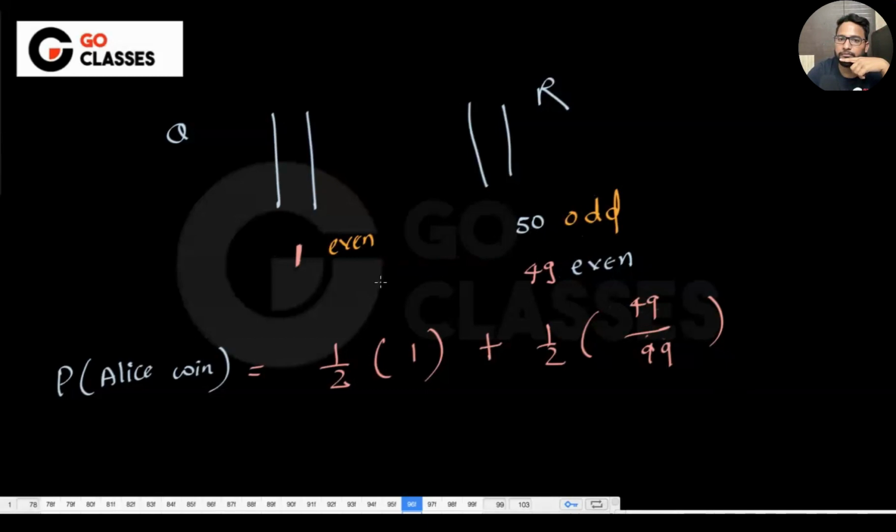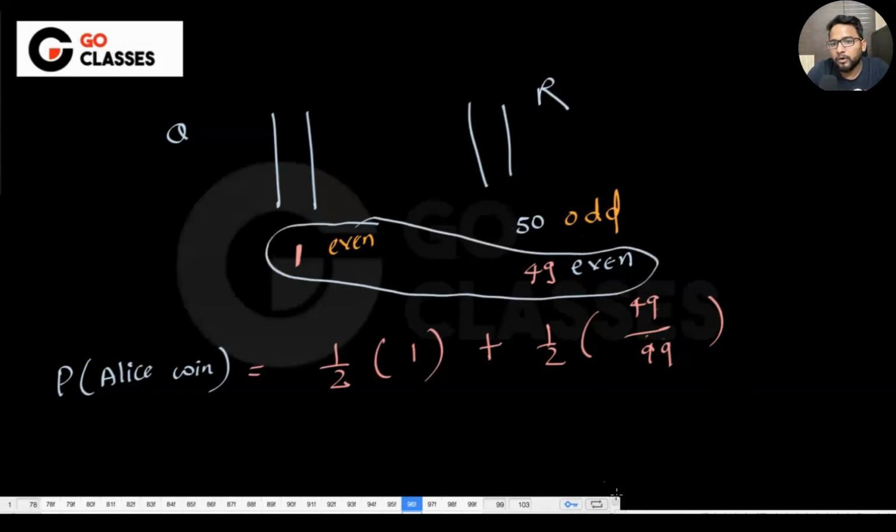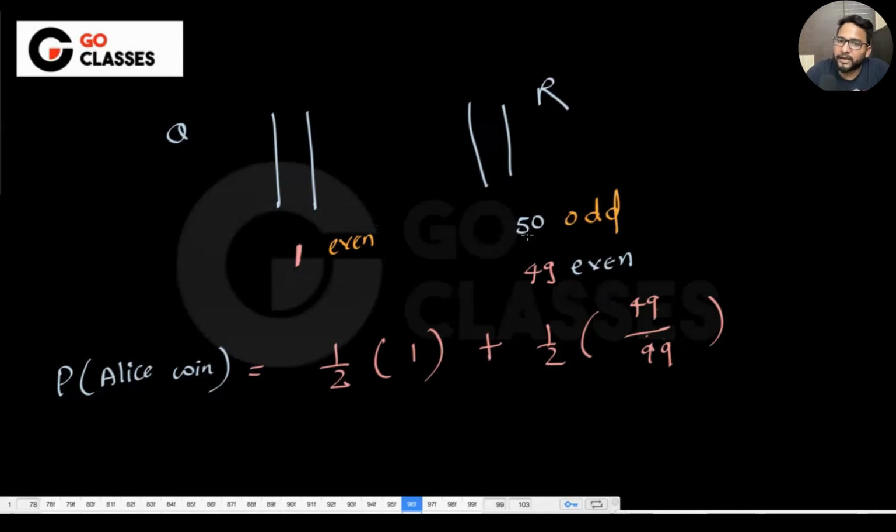This is my question. Is this understood to everyone, what we are doing? So 1 even, 50 odd, 49 even. So what I'm saying, this combination, let's keep it as it is. Now what I'm saying is, can I shift some more integers from here to here and still improve the probability? Because I have not touched the 50 so far, right?